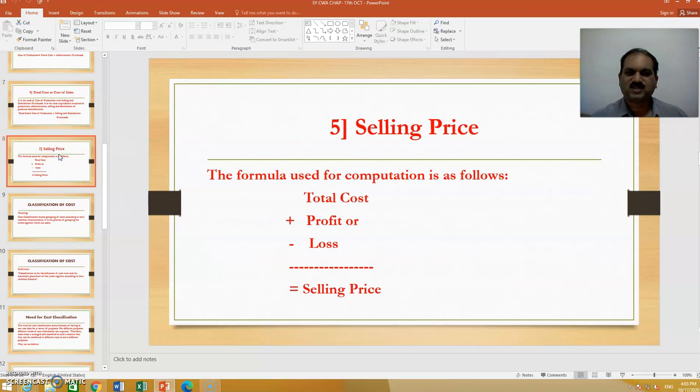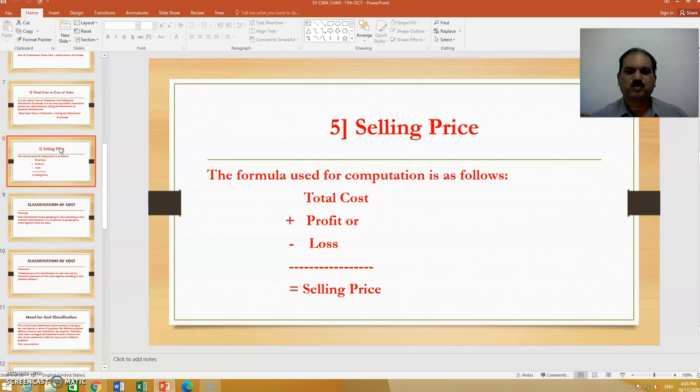Now let's see what is selling price. The formula used for computation is as follows. When we get the figure of total cost, the company has to add a profit or a loss. A company can't add a loss, but considering the competition in the market, if it decides to sell the product below the total cost, then what we get is the selling price.